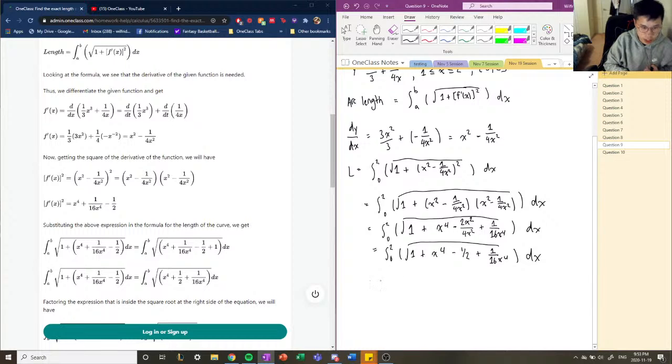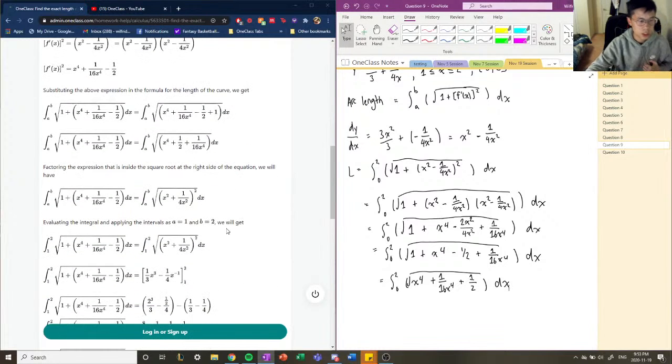This one can be simplified, so we can write x to the power of 4 plus 1 over 16x to the power of 4 plus a half, all square rooted, dx. Yeah, that was a lot.